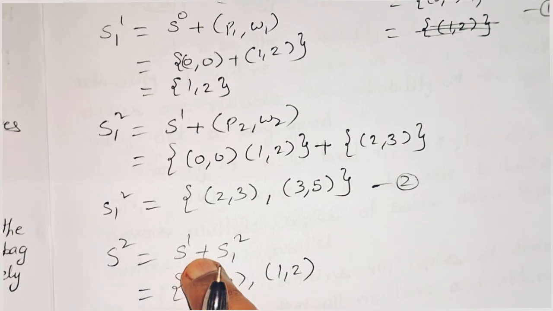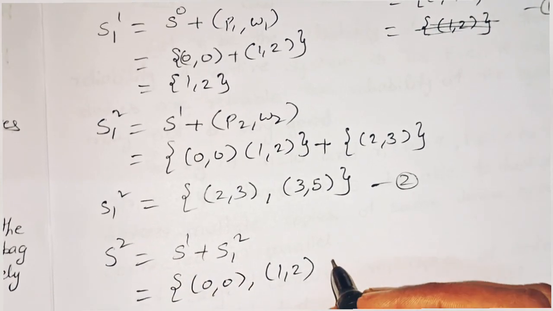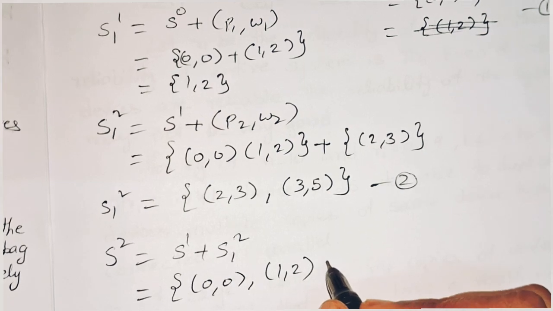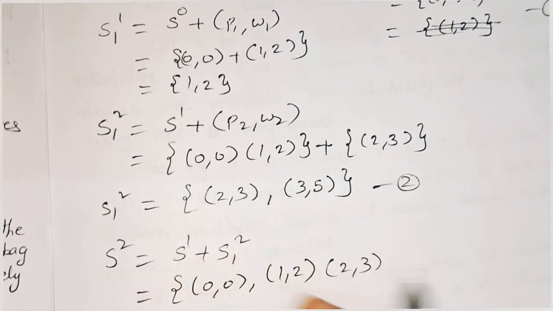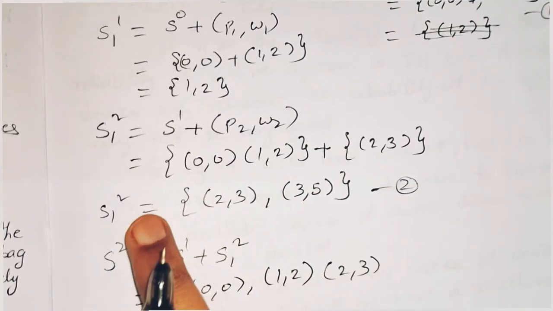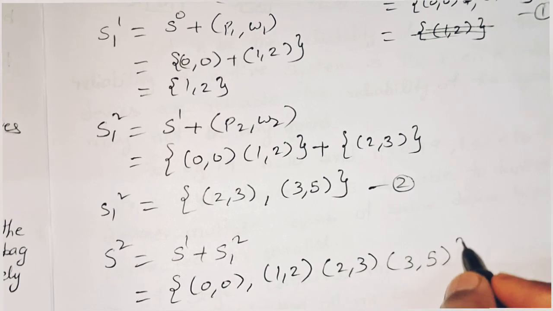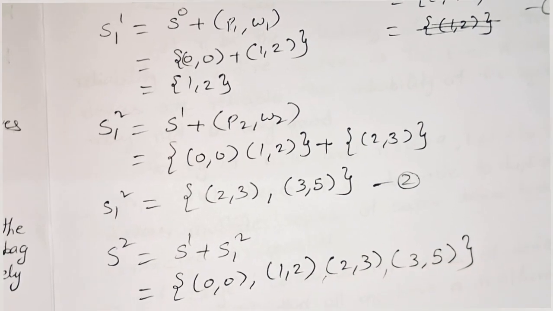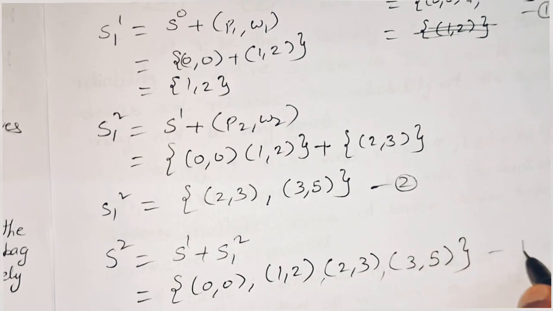So here the plus means concatenation in the merging operation. Okay. Next 2 comma 3 and 3 comma 5. So we are uniting these two values S dash and S12 and 3 comma 5. Okay. So this is the second one.